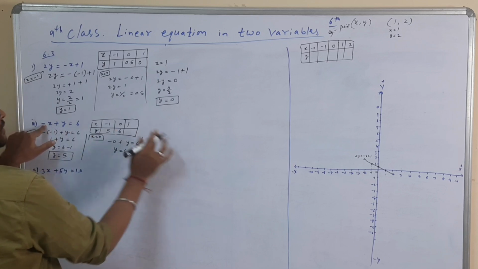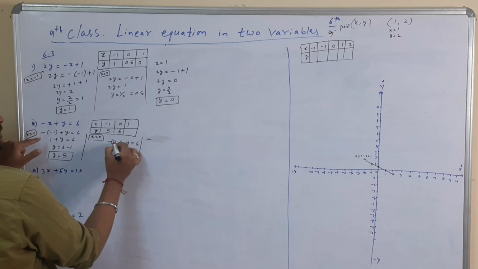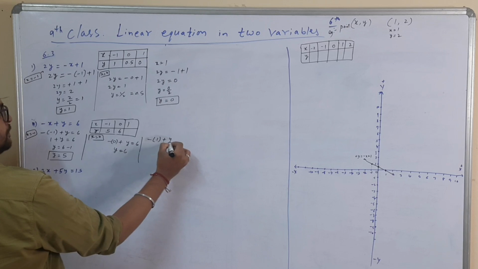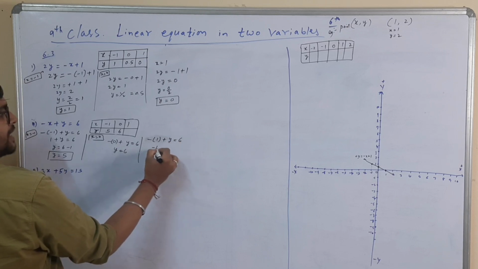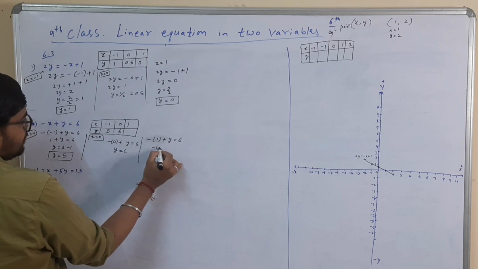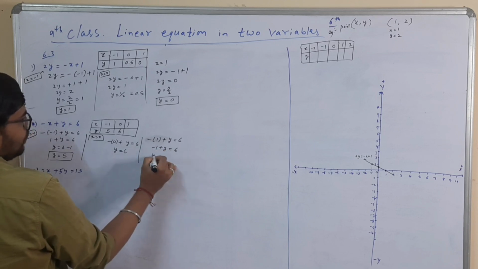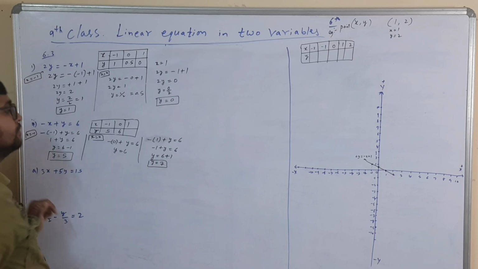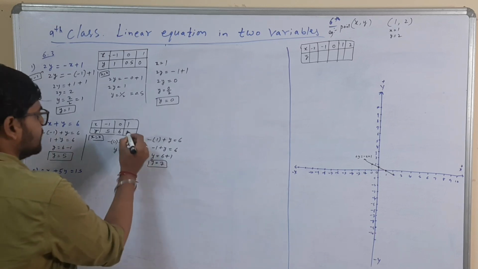Whenever I tell you to substitute, it is better to put brackets so that we will understand plus or minus. Minus into plus is minus, plus y is equal to 6, y is equal to 6 plus 1, y is equal to 7. So I am getting this one.